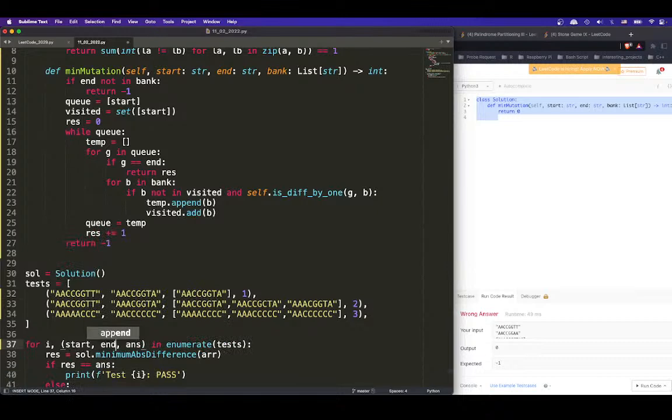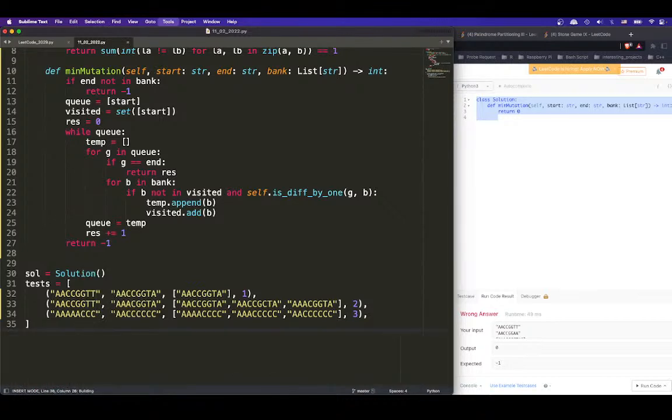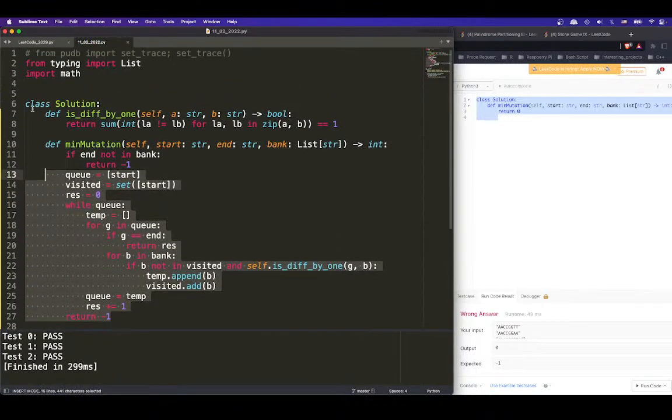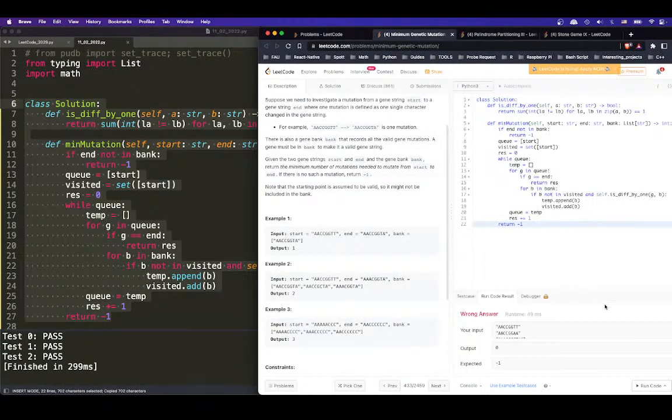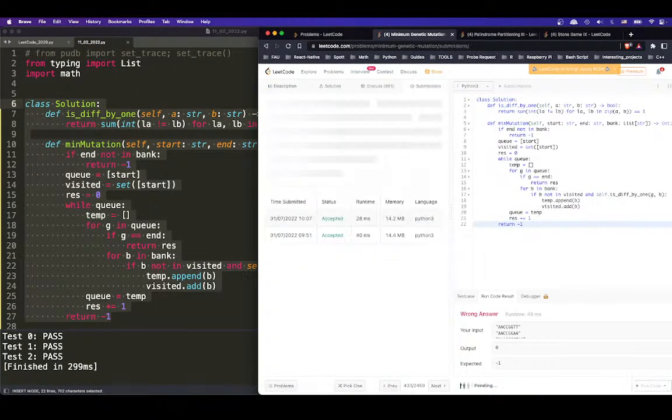Start and bank. Looks good. Oh, wait, done it before.